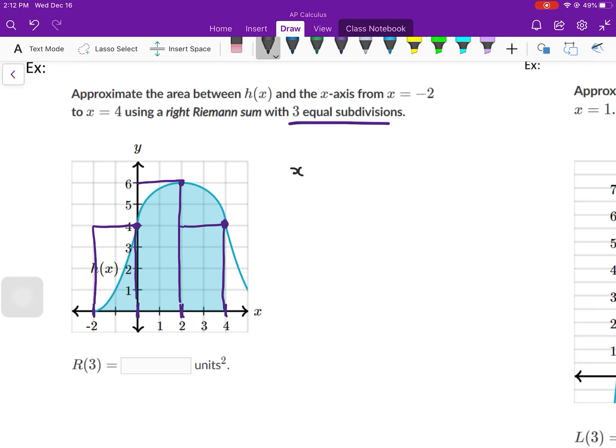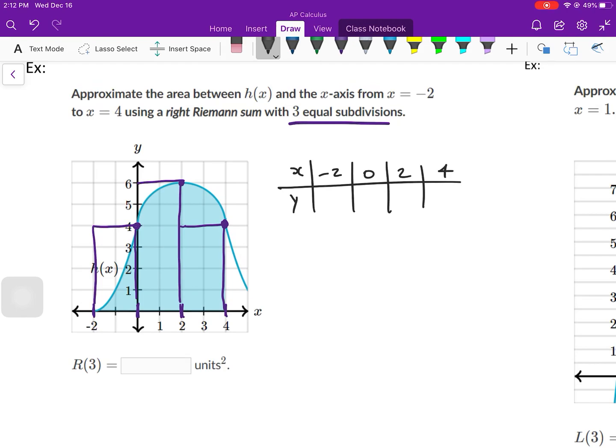And let's break it down to a table. So -2, 0, 2, and 4.